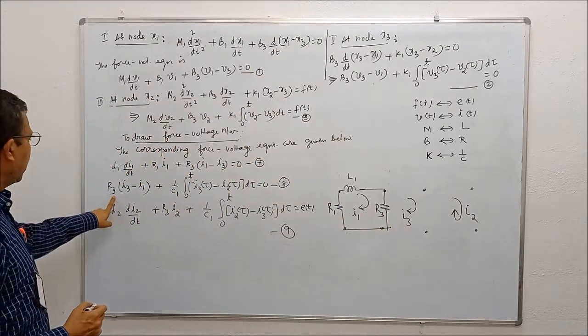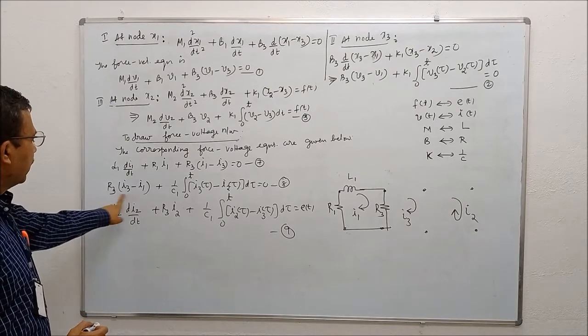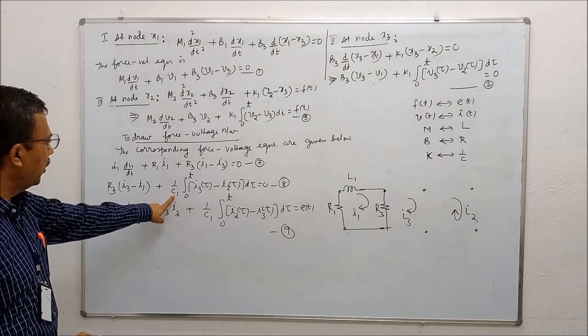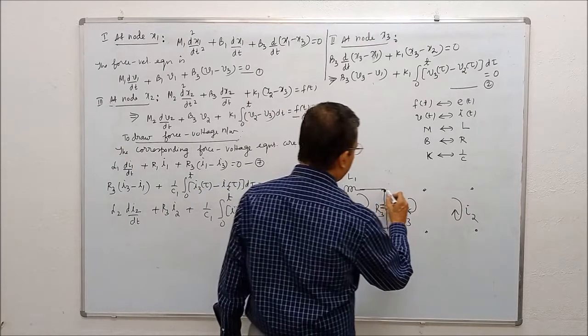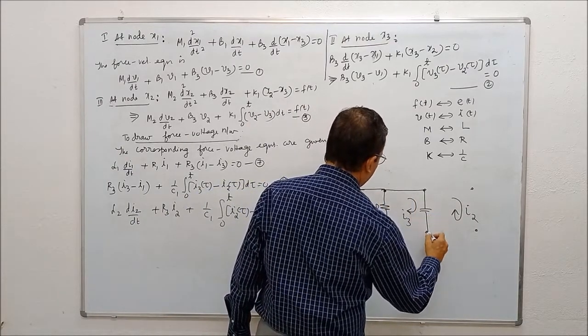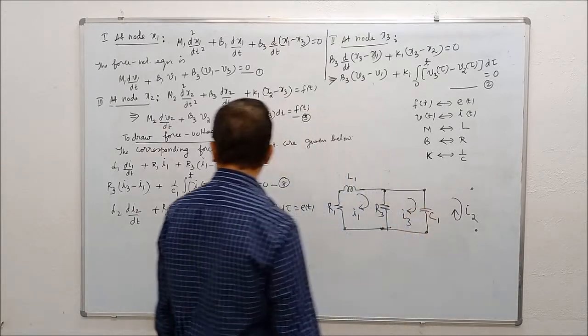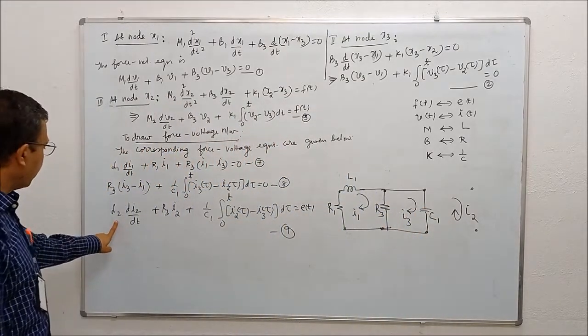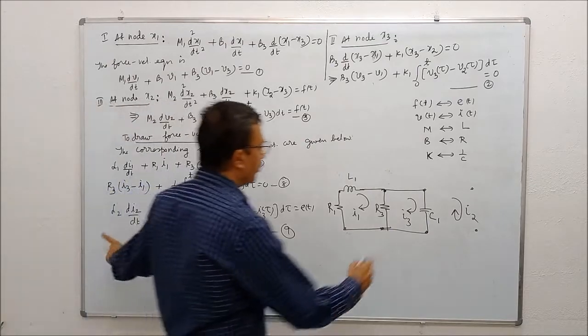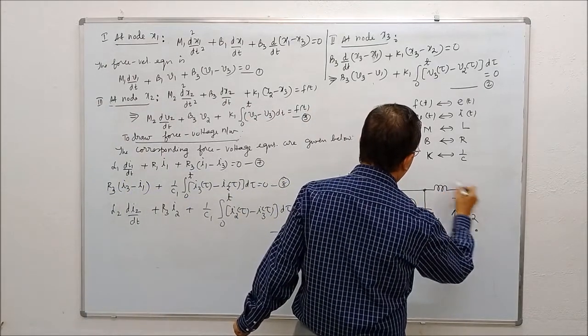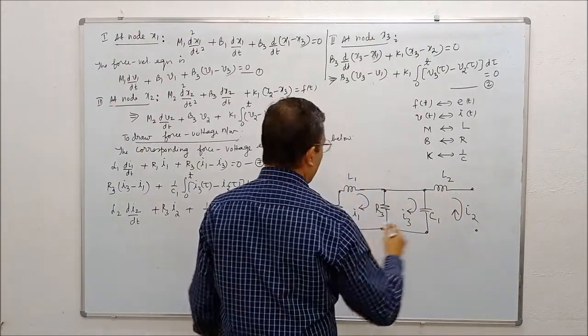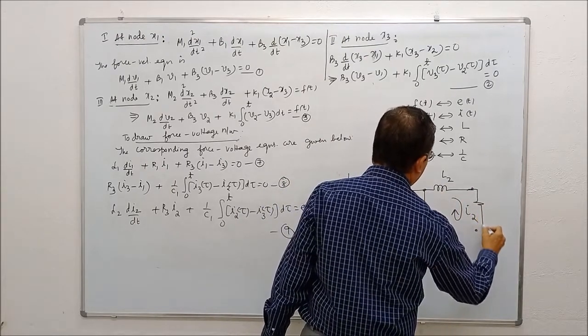Come to equation 8. R3 is already written. Current through C1 is I3 minus I2. Come to this equation. Current through L2 is I2. Current through R3 is I2.